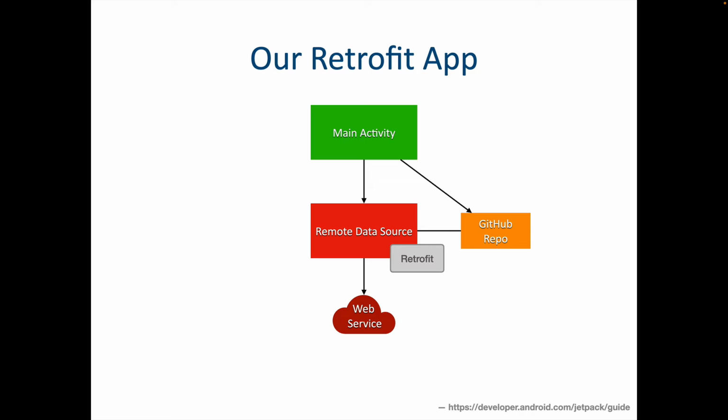The Retrofit library will help us access the data from GitHub using its REST API. The data will come back in the form of a JSON file, and a related library, JSON, will convert the JSON repository objects into Kotlin GitHub repo objects.